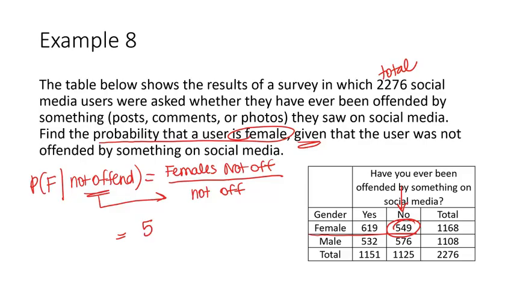There were 549 people who were females and were not offended on social media. Out of, now I'm looking at the total not offended. So look down the no category, because this is the part I'm given. They were not offended. Females out of total.